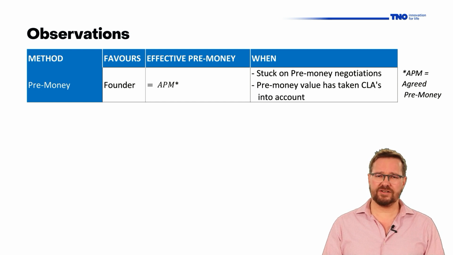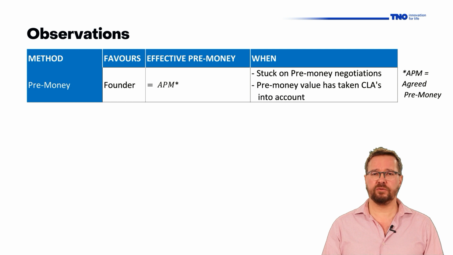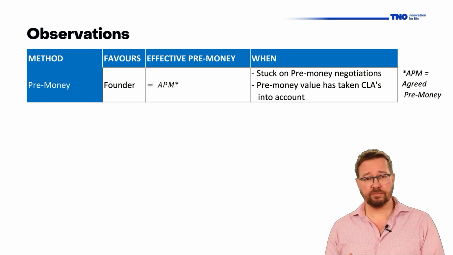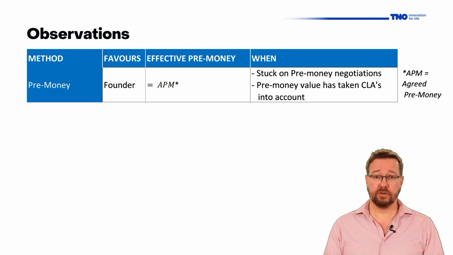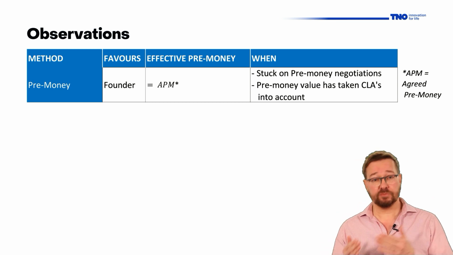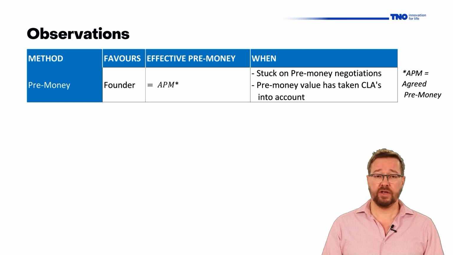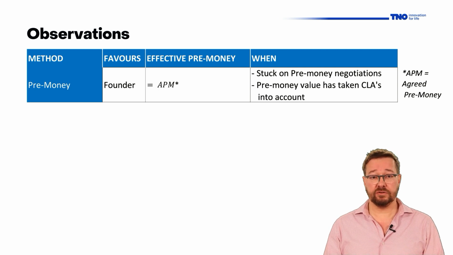Overall, though, it's not an unfair perspective from the investors to say when a CLA converts into equity, that money is virtually withdrawn from the company before investment, so it can be added later as part of the total investment. And if you withdraw money from the company, then the pre-money valuation should be lowered accordingly.